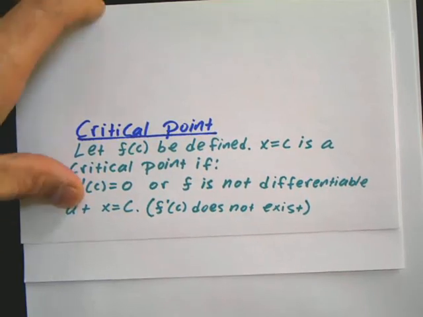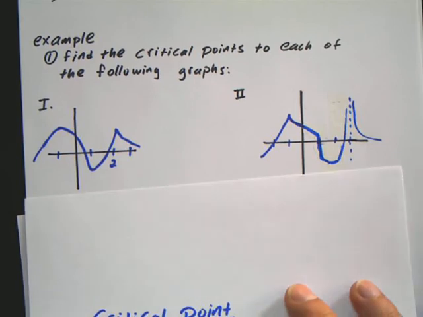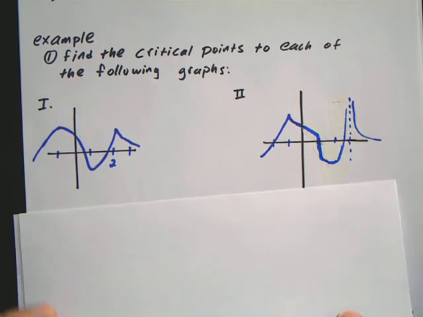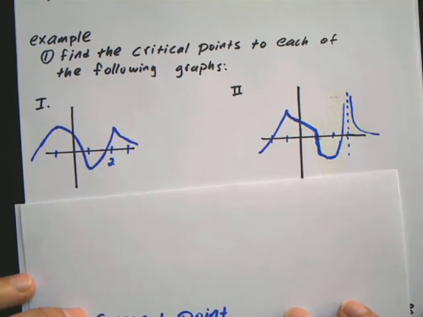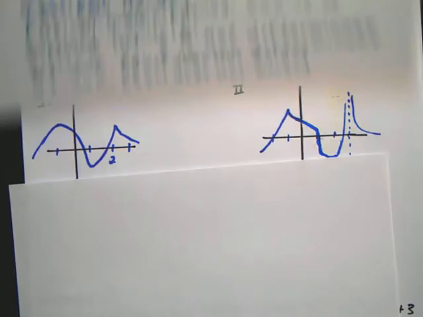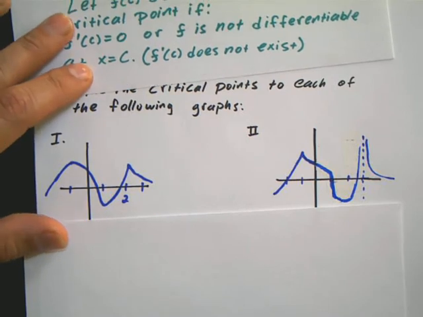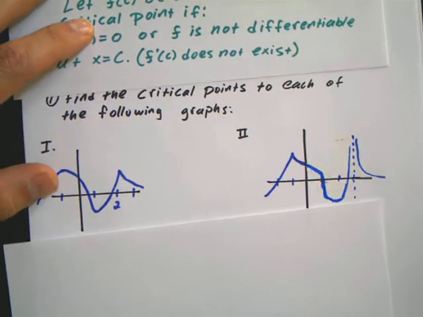And the first example is graphically how we could determine critical points. So I'll give you a moment to pause it and copy these graphs into your notes. So based on the definition, we're looking at where the derivative is equal to 0. Derivative equal to 0 means that the slope is equal to 0.